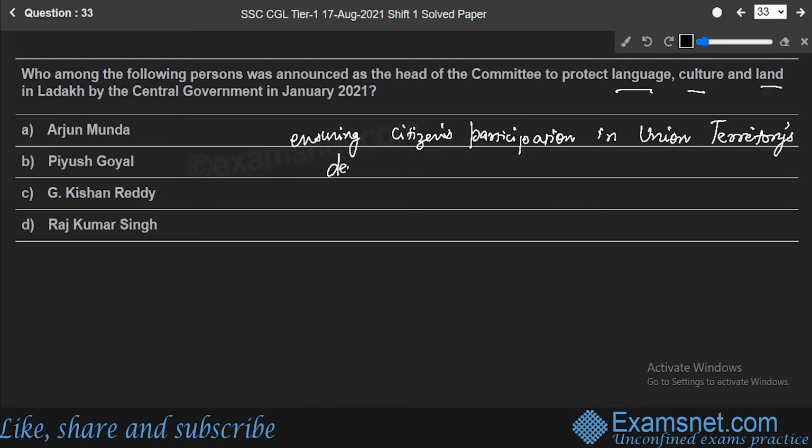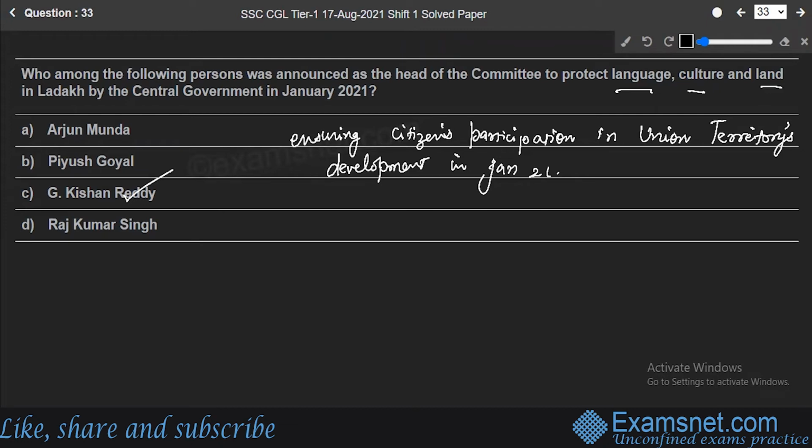Development. In January 21, the committee is headed by the Minister of State for Home, J. Kishan Reddy, and includes elected representatives from Ladakh, Ladakh Autonomous Hill Development Council, central government, and the Ladakh administration.